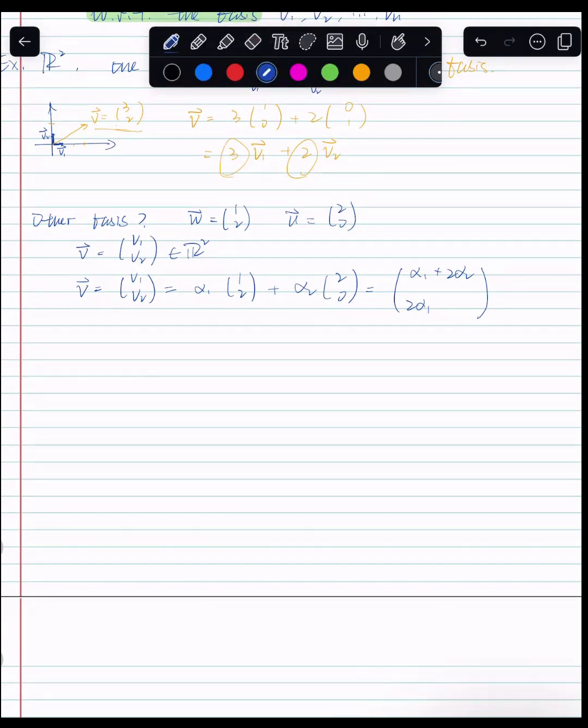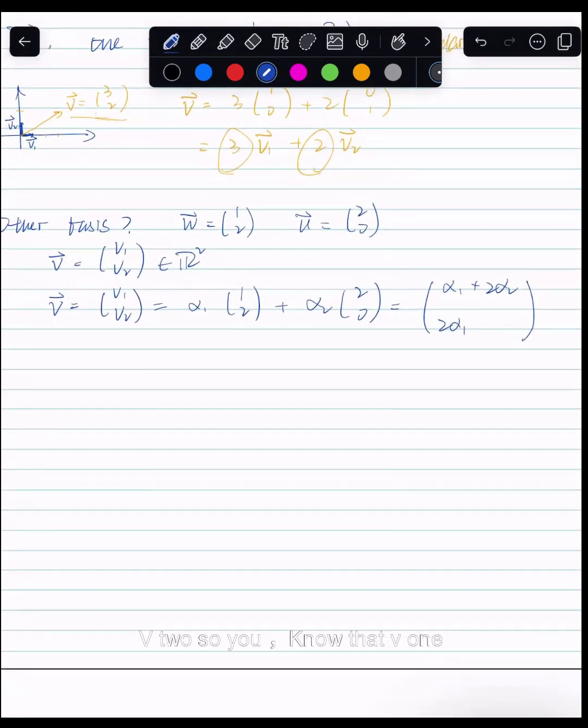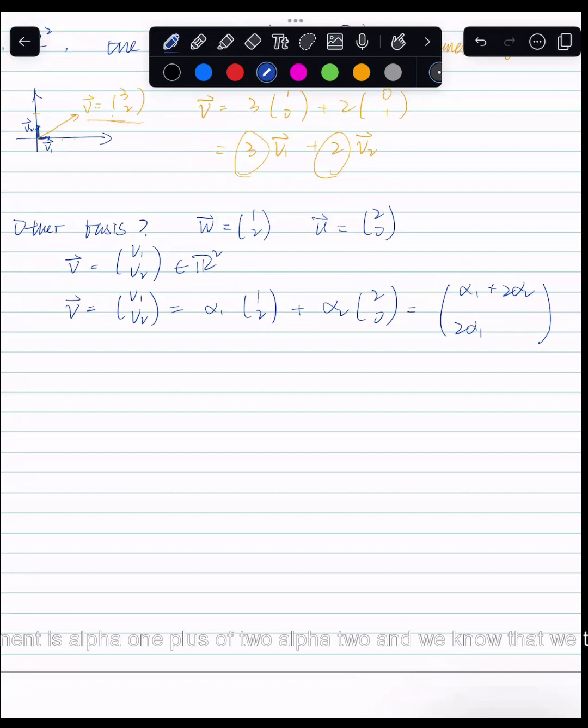All right, now we can actually solve for V1 and V2. So you know that V1 equals the top component, alpha 1 plus 2 alpha 2. And we know that V2 equals 2 alpha 1.